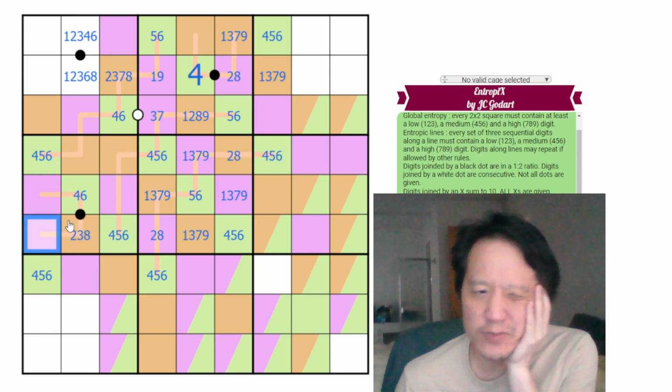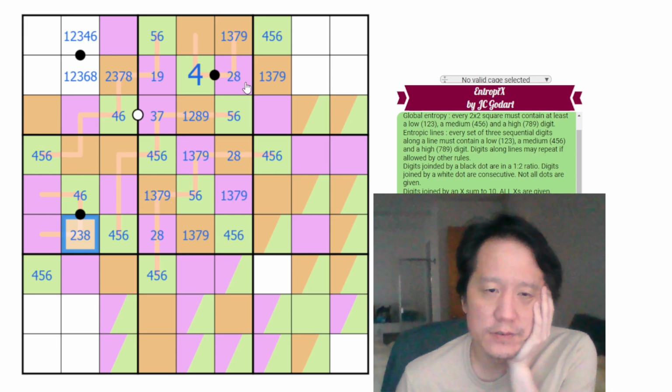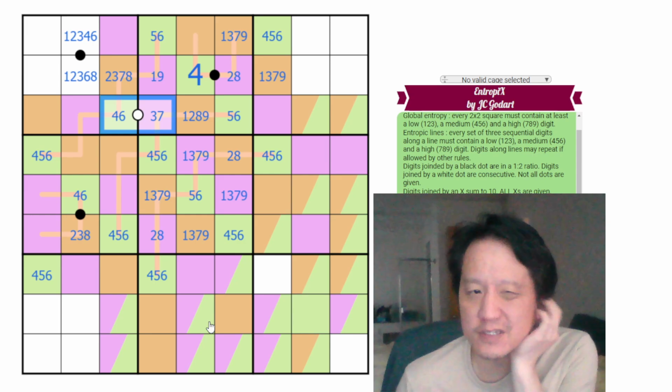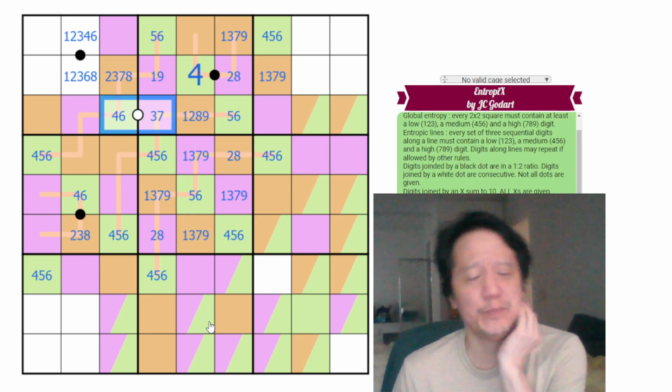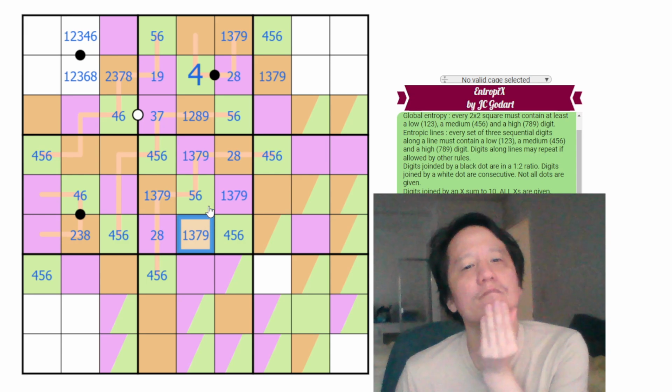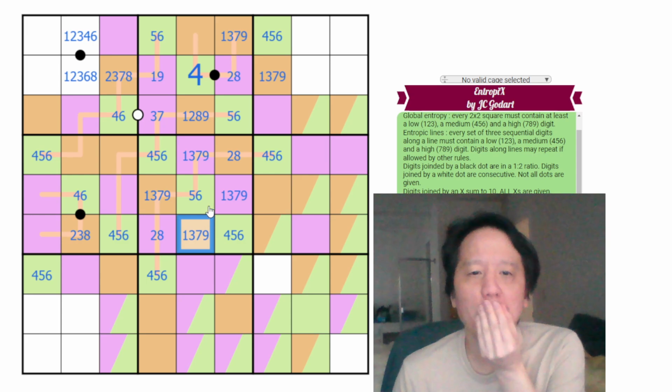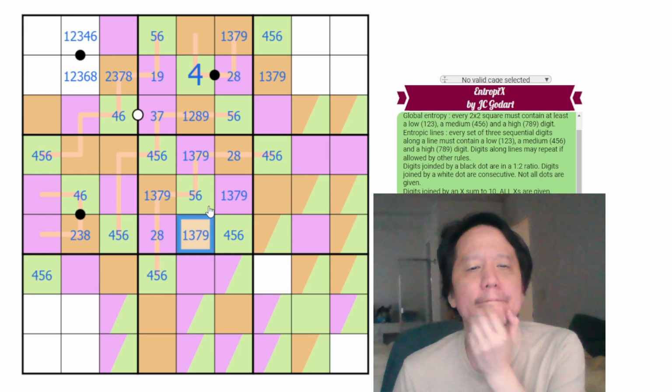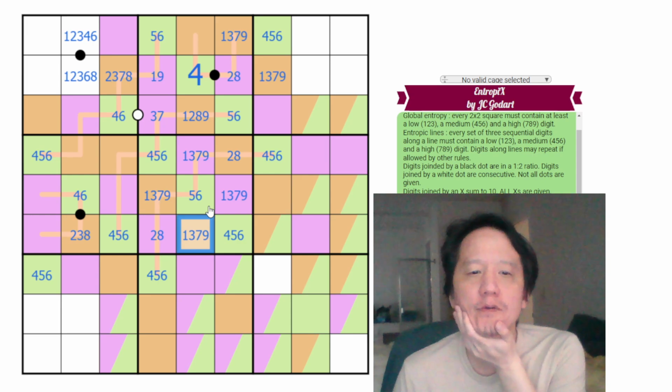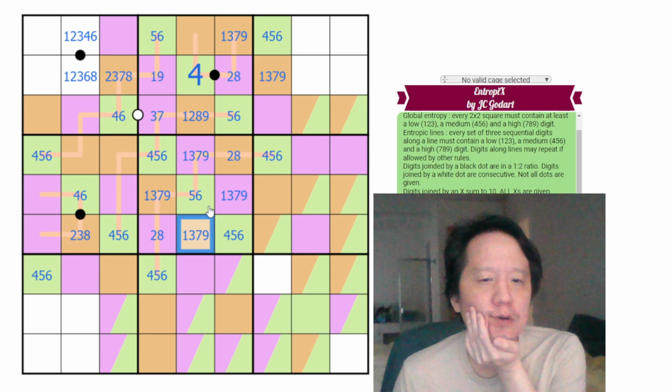Unfortunately, we don't have a similar rule on this side. Specifically because this is the thing that breaks the symmetry. Okay.